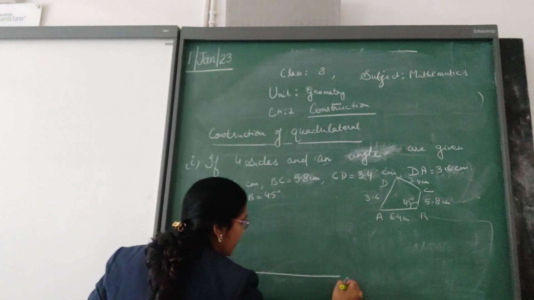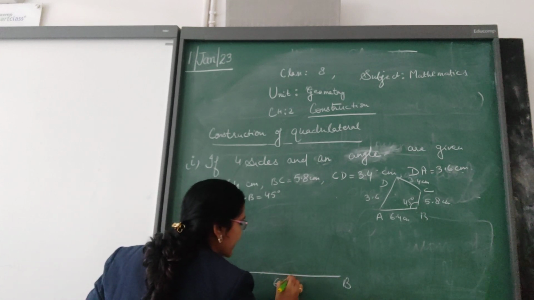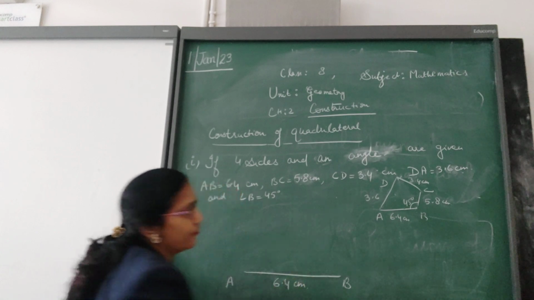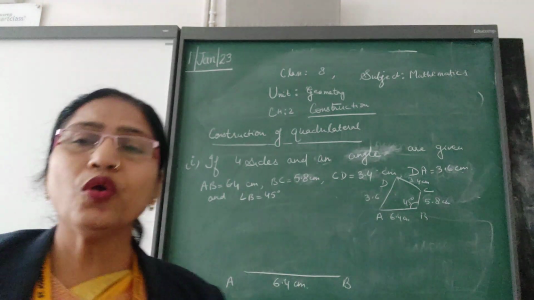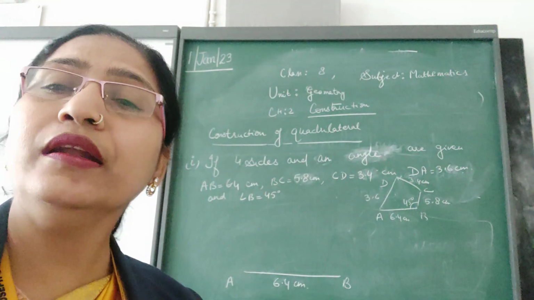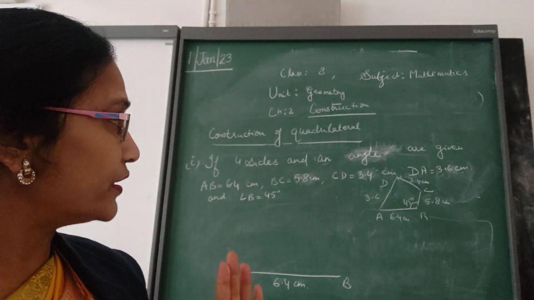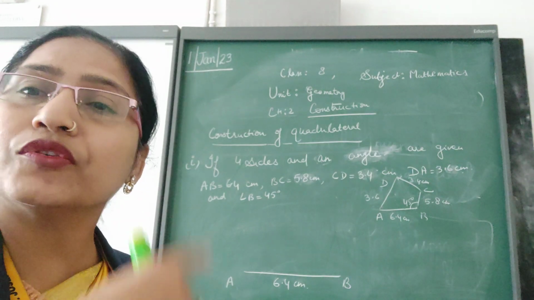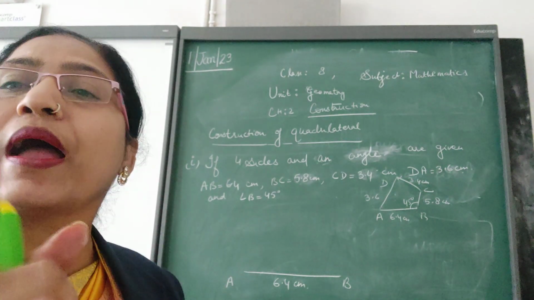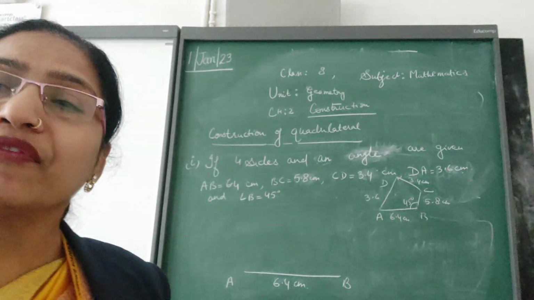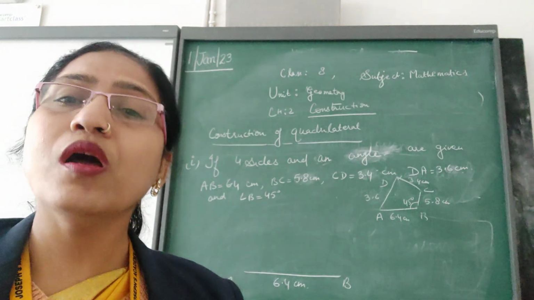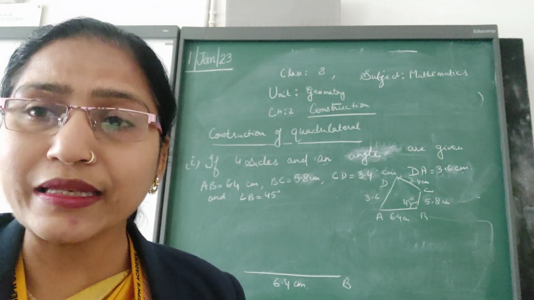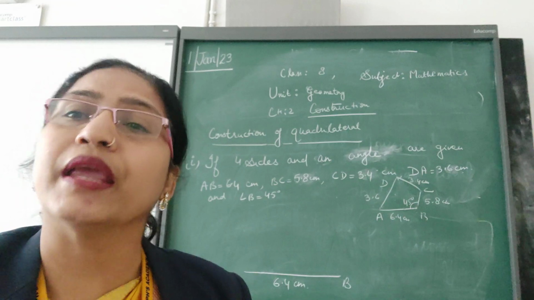A, B. This length is 6.4 centimeter. Now you have to do one thing here. Angle B is given 45 degree. So at the point B, you have to draw the 45 degree by the help of the compass. Everybody knows. If you don't know, please follow whatever I am saying here.